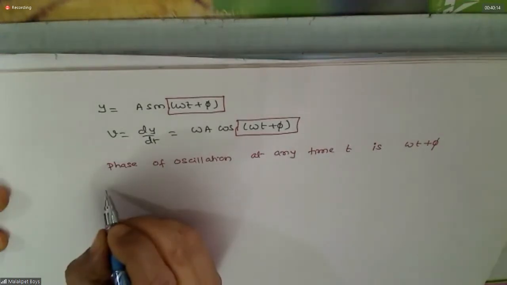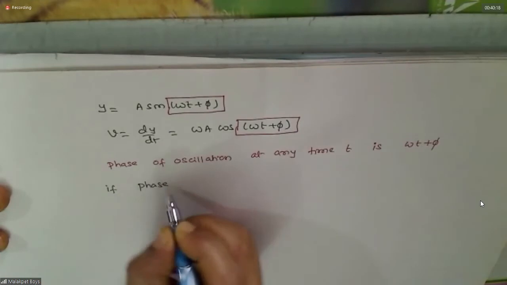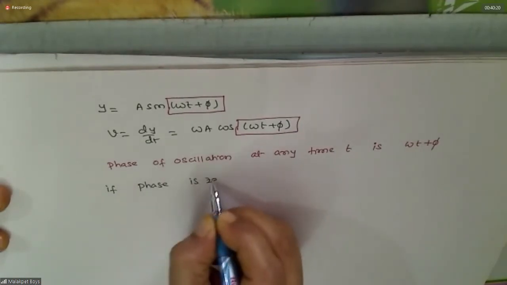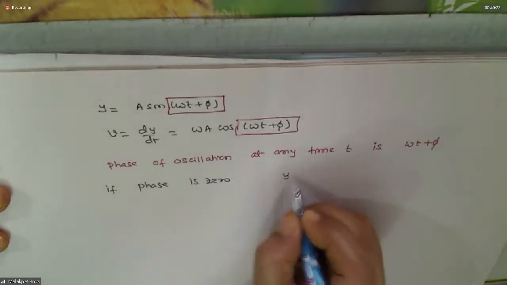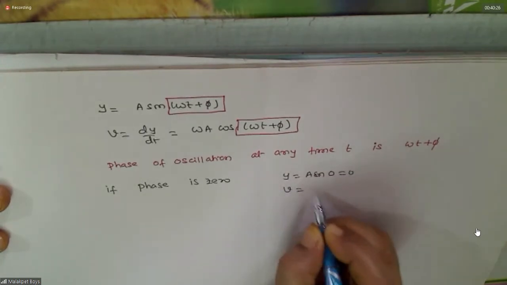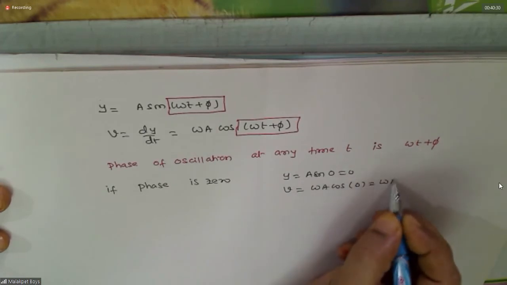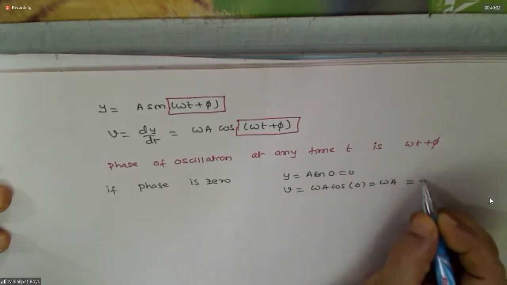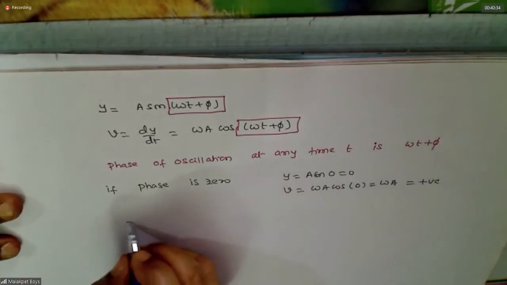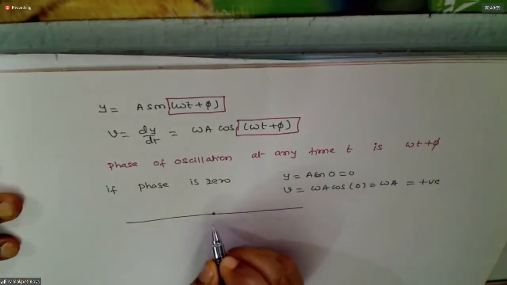For example, if phase is 0, then what is y? What is velocity? Is this positive or negative? So what information are you getting? That means the particle is located at which position?